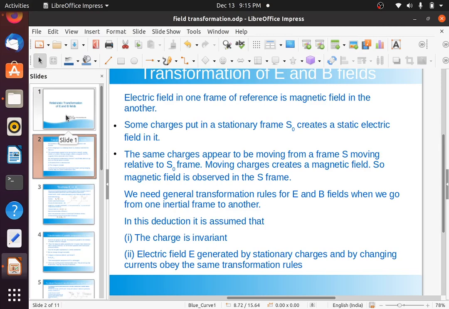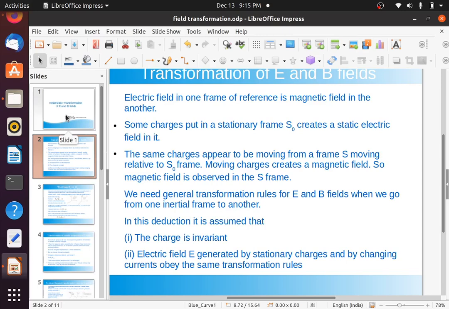So there exists a force. We have used electrostatics and relativity to show that there exists a force between the line of charges and a moving charge, and we have shown that this force is nothing but the Lorentz force, that is the magnetostatic force.